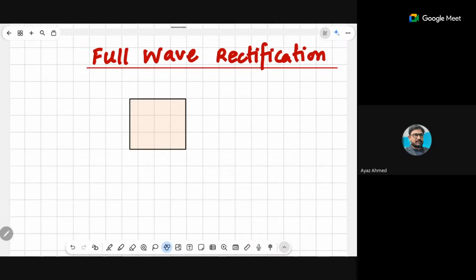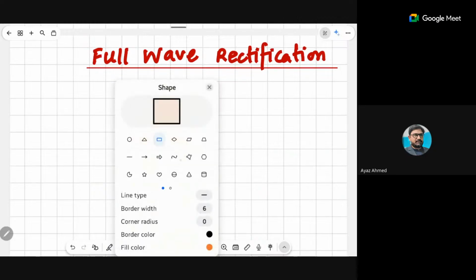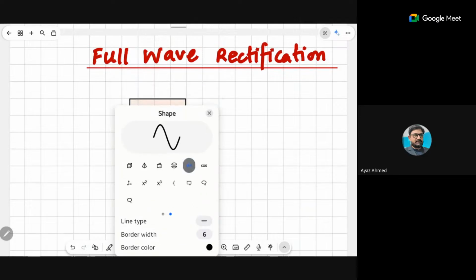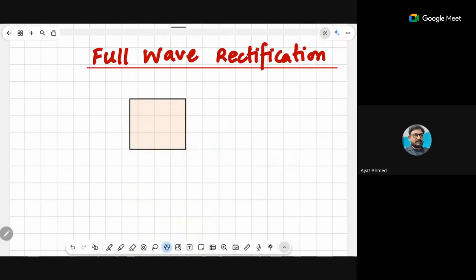Right now it is a rectifier, and let's say I have an input wave, this is an input sinusoidal wave, an alternating wave, right? Alternating current, and that alternating current is fed to the rectifier.